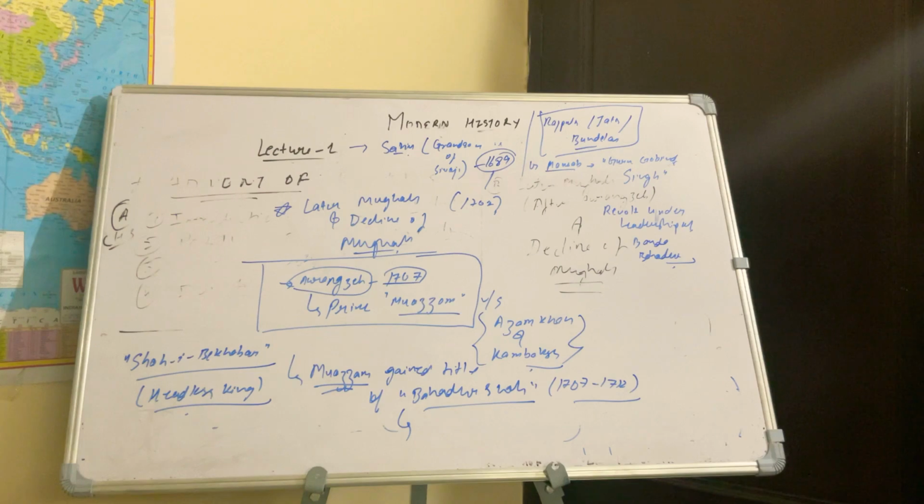So under the later Mughals we discussed Bahadur Shah, and now we're going to discuss Jahandar Shah. So I'm just going to write these points.